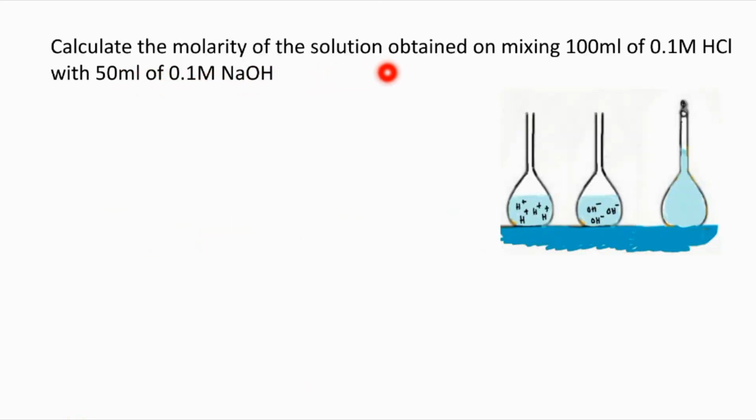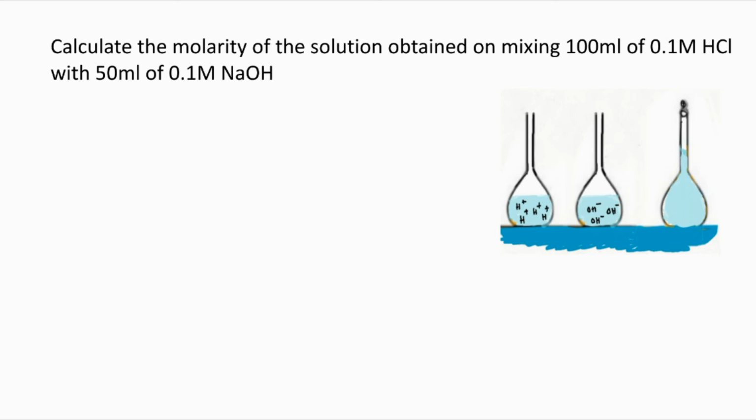Calculate the molarity of the solution obtained on mixing 100 ml of 0.1 molar hydrochloric acid with 50 ml of 0.1 molar sodium hydroxide solution. This is the last type of problem, in which an acid and a base are mixed together, and they will ask you the molarity of the resulting solution after neutralization.